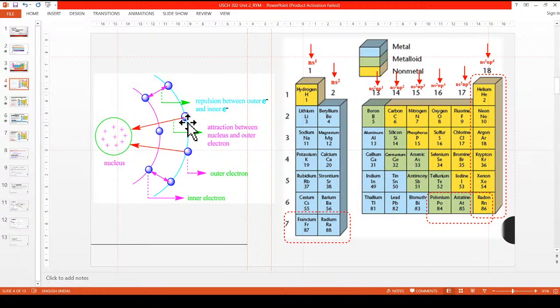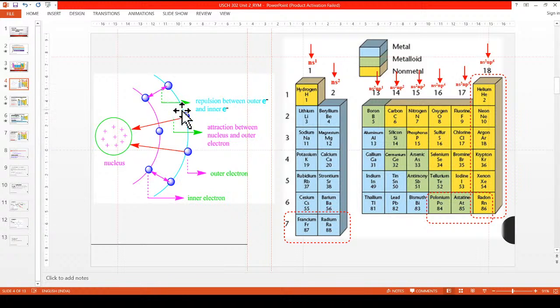Then when the second shell is added, the innermost electrons repel your outer electrons. So whatever force of attraction is experienced by the outermost electron is less as compared to an inner shell electron. This is the shielding effect. This middle electron layer shields the outermost electrons from the attraction of the nucleus.